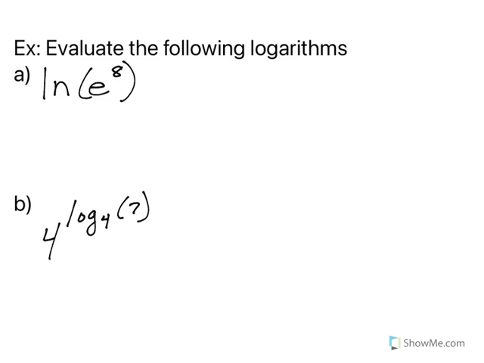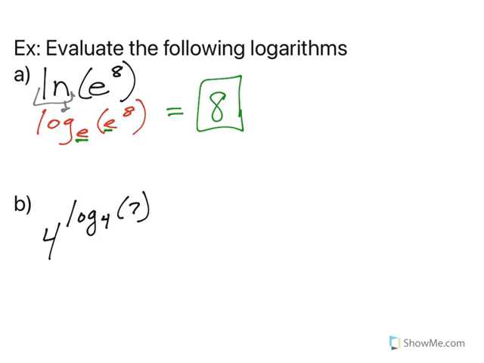Okay, let's evaluate the following. The natural log of e to the 8th. Well, remember what a natural log is. A natural log is simply a log with a base e. Right? That's what this means. So if I have base e for my logarithm and base e for the base of the exponent, then this is simply equal to the exponent.